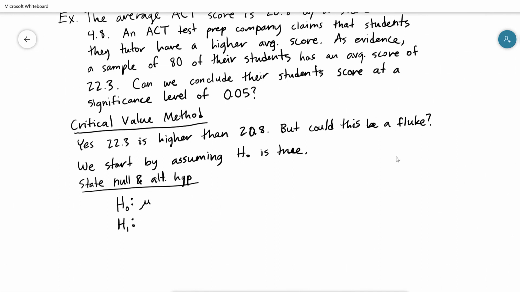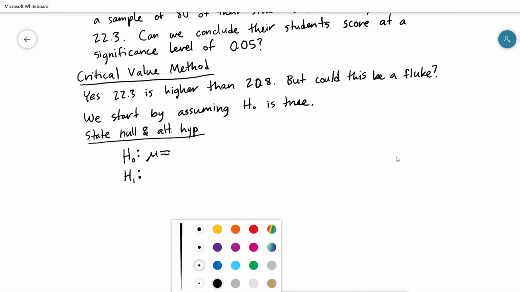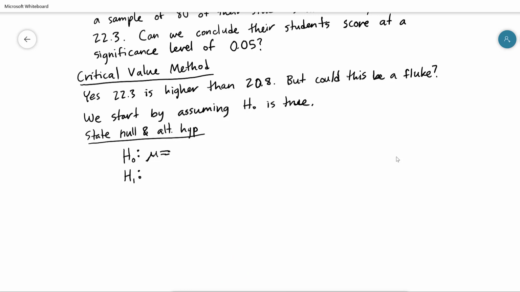And if their testing service doesn't do anything, then the average score of their students should be the same 20.8 as everybody else.